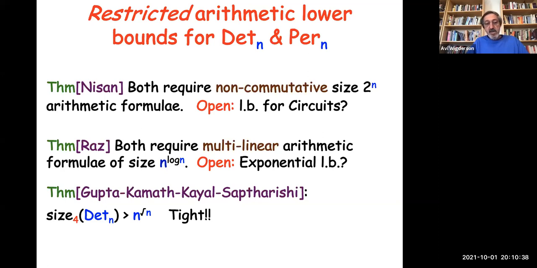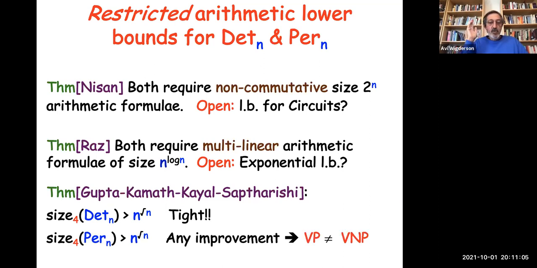If you haven't seen it before, you wonder why this number is appearing there. It turns out that via depth reduction results of Manindra Agrawal and others, you cannot improve it. There are upper bounds of the same magnitude, n to the constant times root n. So it's absolutely tight. And as in the above two results, the same lower bound holds for the permanent.